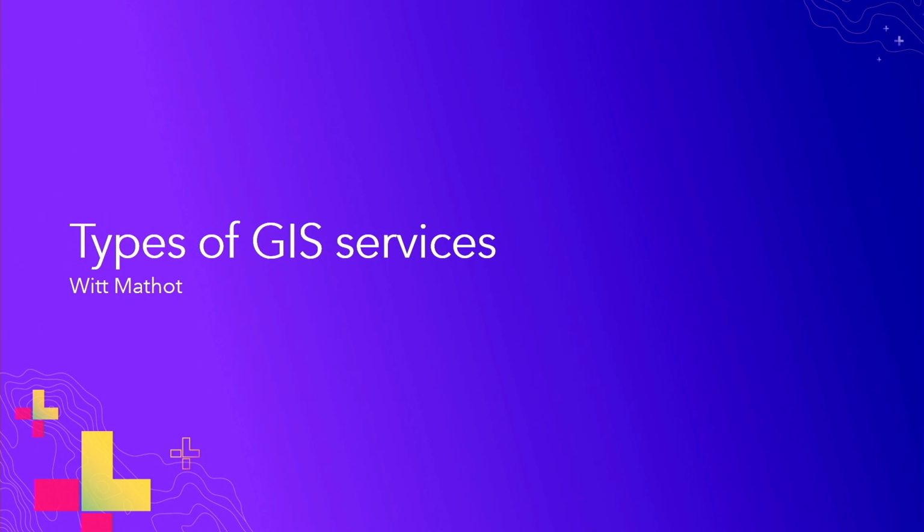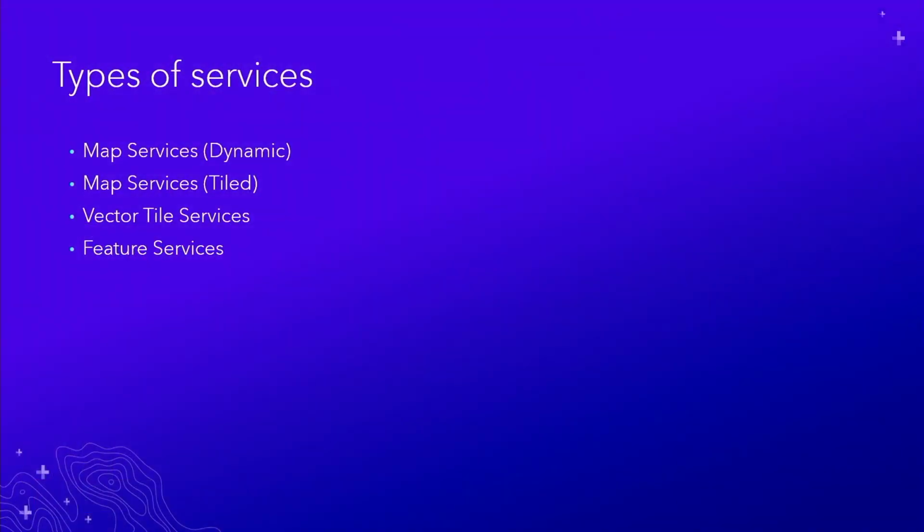Well, as many of you may know, there are a number of different types of services in ArcGIS Enterprise. Today, we're going to focus on 4 types specifically, really 3.5, I guess you could say. These are map services, which can be published as both what we sometimes call dynamic map services or tiled. We'll also look at vector tile services and feature services.